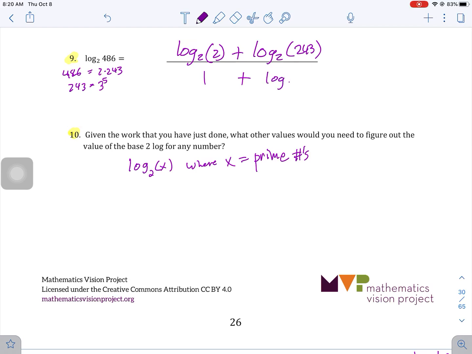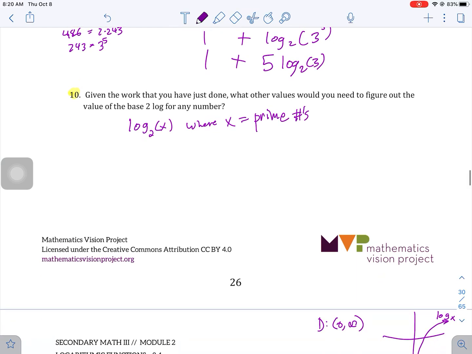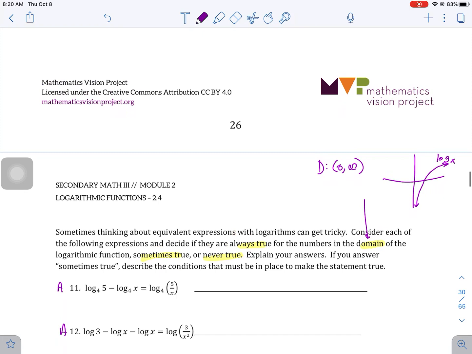This one we can write as log base 2 of 3 to the 5th. And so therefore we can do 5 times log base 2 of 3. What would you need for the rest? Well, notice since we're multiplying, if we can get the prime numbers, we should be able to do it for anything, right? All right.